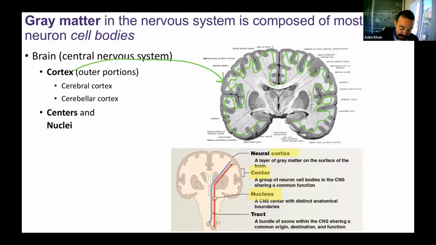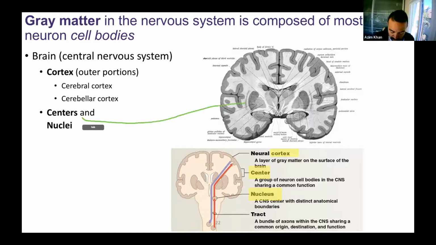We have cortex of the cerebrum, that's cerebral cortex. If we look at the cerebellum, we'll also see gray matter towards the outside, that's cerebellar cortex. But we can also find gray matter in some portions of the brain that are deeper. So not towards cortex, deeper parts. The term that we give to deeper parts of gray matter, these are called centers or nuclei.